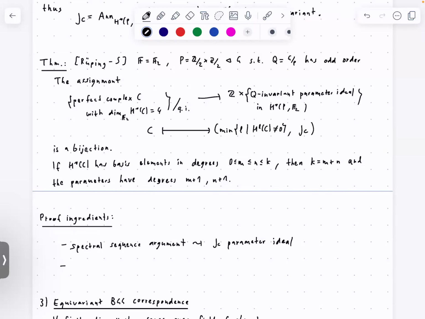On the other hand, to get the bijection and also the way we construct the perfect complexes from the parameter ideals is not directly that we work with chain complexes over the group rings, but we'll actually work over the group cohomology with DG modules. And for that, we need an equivariant BGG correspondence.